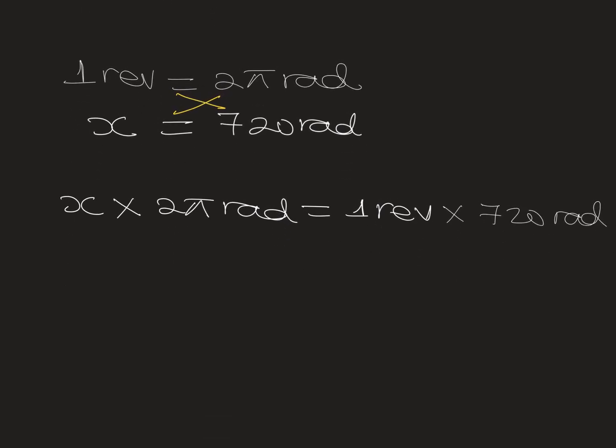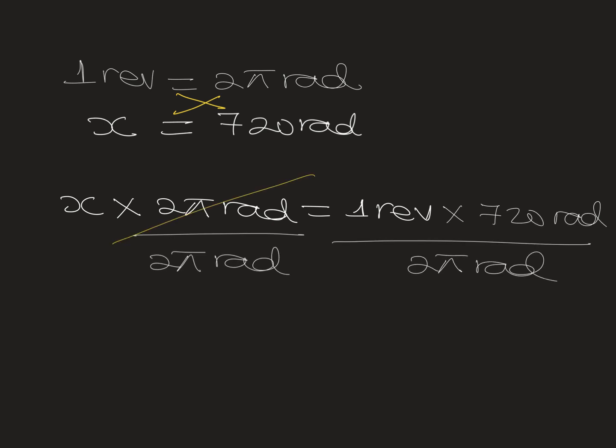So to find x, we divide both sides by 2 pi radians. So this will cancel this. Radians will cancel radians. 2 goes once into 720 is 360 times.